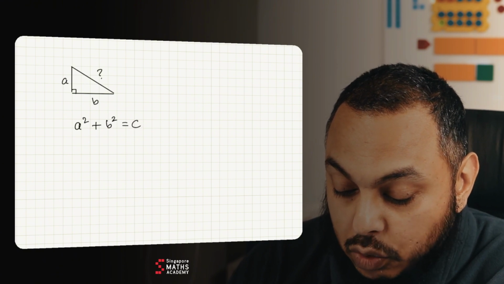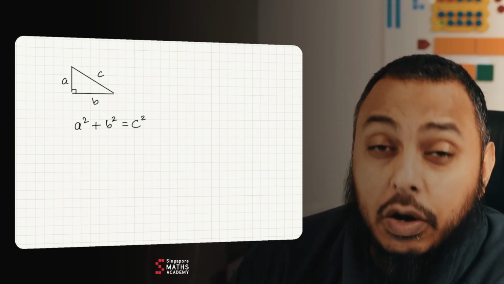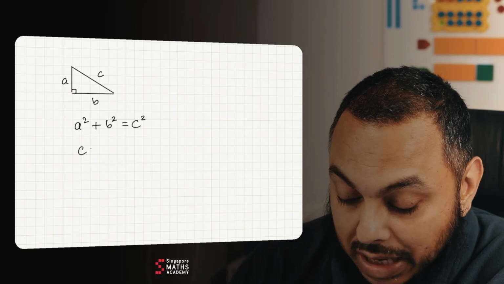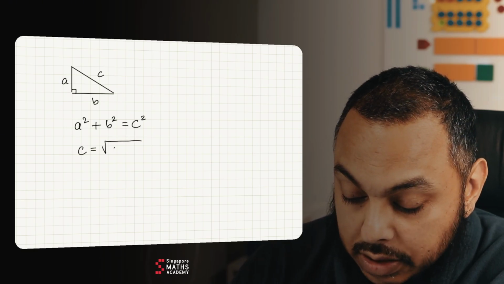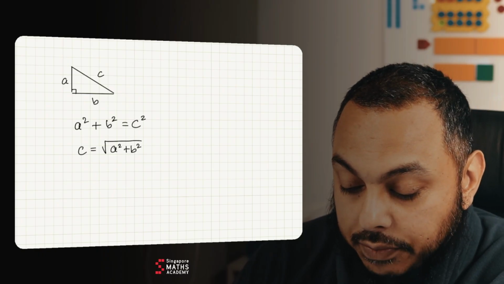That gives us the square of the longer side. But we don't want to work out the square of the longer side. We want to work out the longer side. And so in order for us to work out what C is rather than C squared, we have to square root the answer to A squared plus B squared.